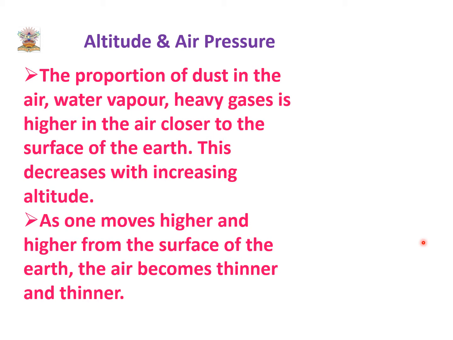Similarly here, the proportion of dust in the air, water vapor and heavy gases is higher in the air closer to the surface of the earth, and this decreases with increasing altitude. As you go higher and higher, the heavy gases are not there. Only the heavy gases, air, water vapor are all near the surface of the earth.